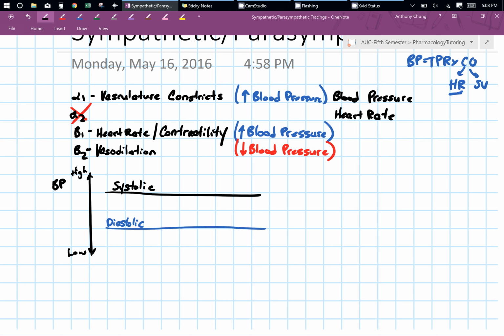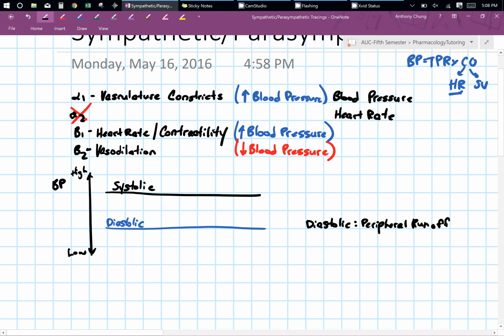Okay, so if total peripheral resistance goes up, let's make it easy first. Diastolic. What affects diastolic? Peripheral runoff. Remember Dr. Hamrell, peripheral runoff? Peripheral runoff is based on the fact that, let's say blood went to the aorta. How fast does it leave the aorta?